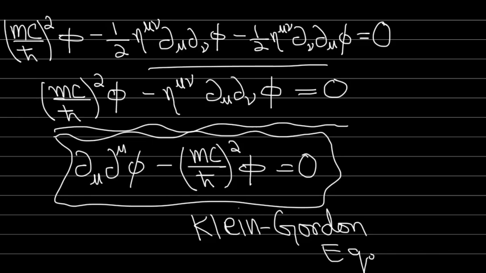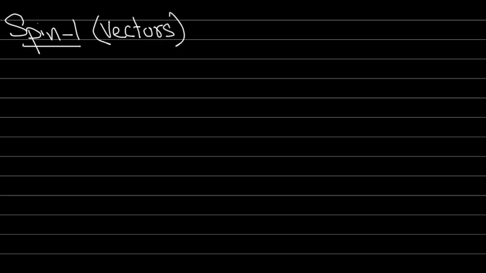Okay, now let's talk about the spin 1 case, right? So spin 1. The spin 1 case, they're also called vectors, right? And so we are going to talk about this one, that is A mu.